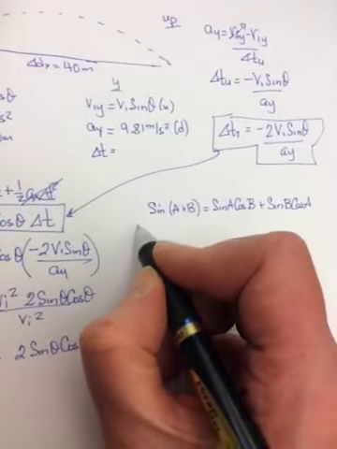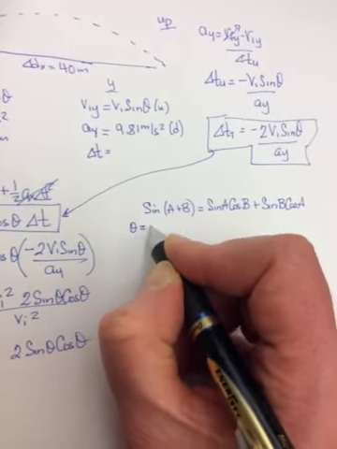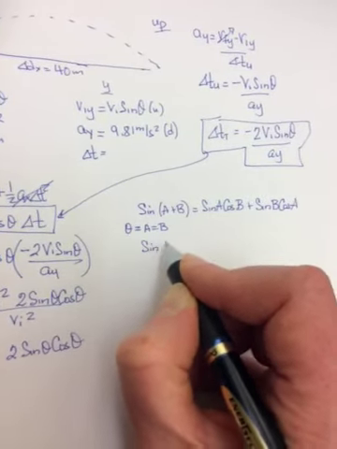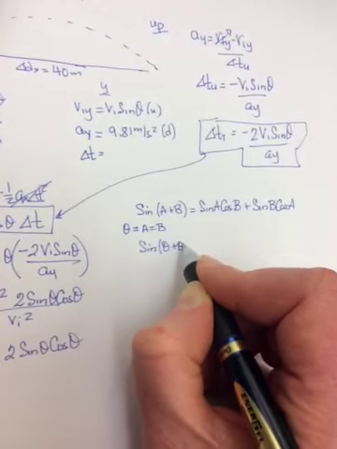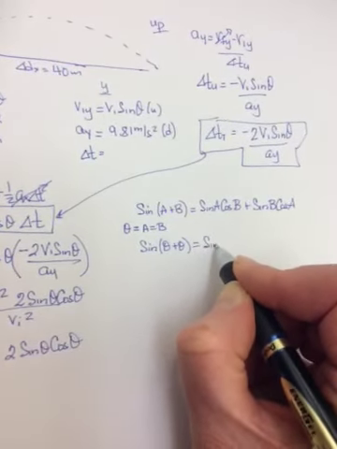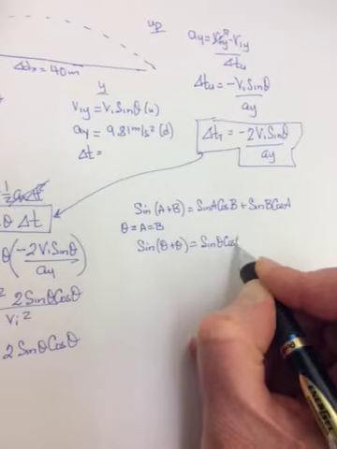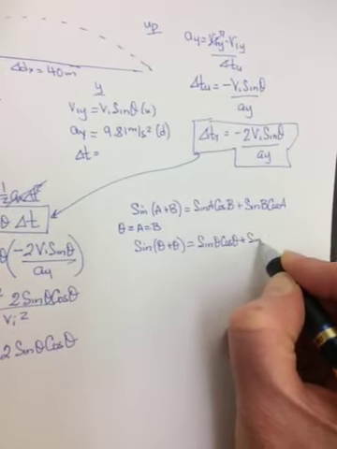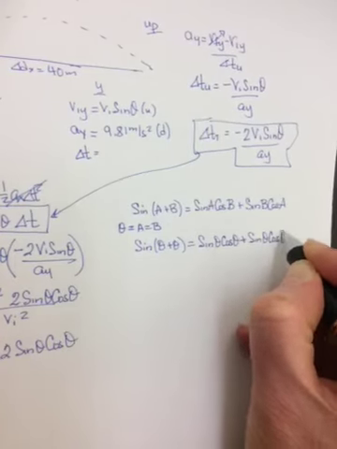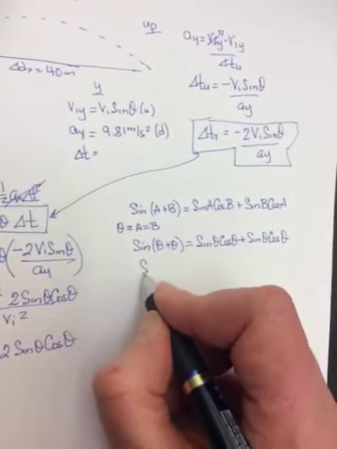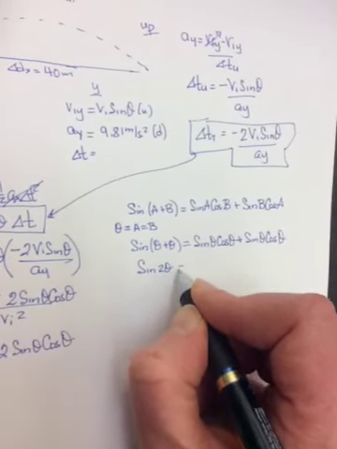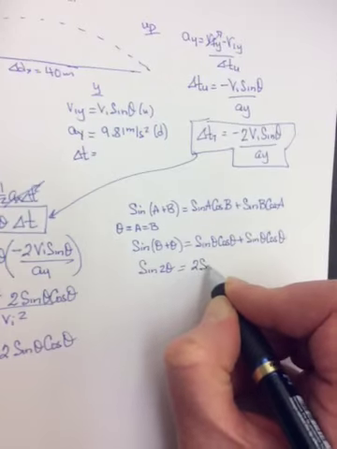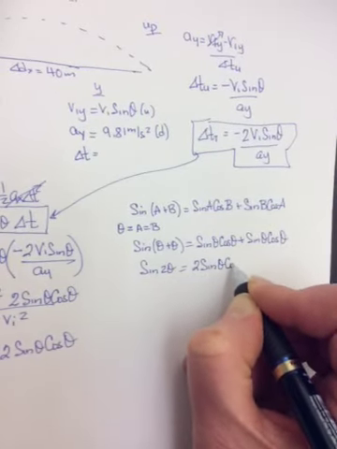And we're just going to make it a little special because we're going to let theta equal A equal B. So if we do that, then we have sine(theta plus theta) is equal to sine theta cos theta, so I'm just subbing in thetas for all the A's and B's, plus sine theta cos theta. Well, theta plus theta is 2 theta. And sine theta cos theta plus sine theta cos theta is 2 sine theta cos theta.